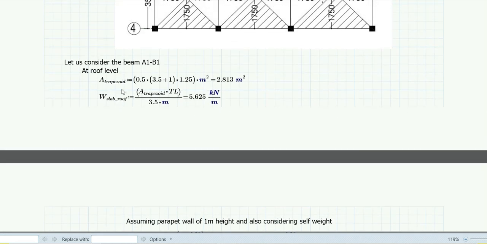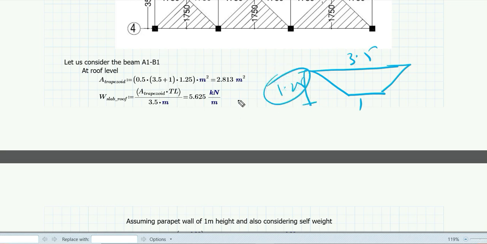Now the area of the trapezoid is given by half into 3.5 plus 1, because this is 3.5, this is 1. So the summation of parallel sides into the height, which is 1.25. So the area is given by this.